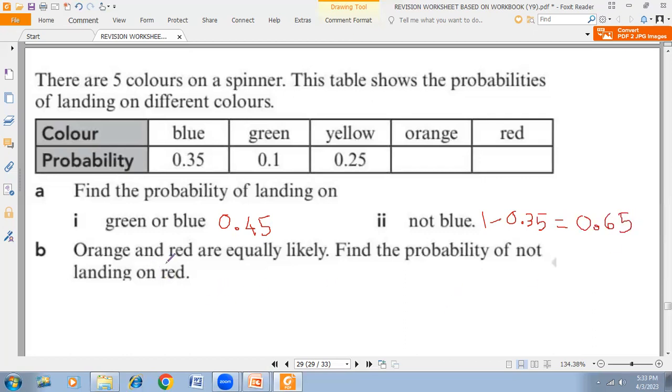Okay, next question. Orange and red are equally likely, which means they are the same. So let us take 1 and then minus all these numbers first. 1 minus 0.35 minus 0.1 minus 0.25.